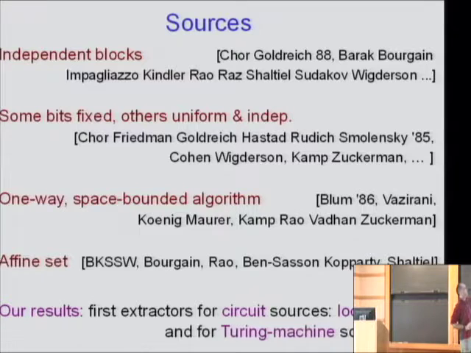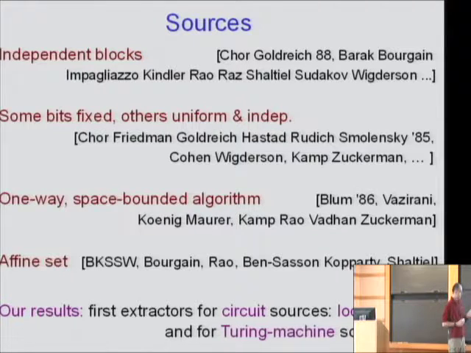Here, typically, the blocks are very large, and at the other extreme is when each block is just 1 bit. This is the case of sources in which some bits are fixed to constants, and some other bits are just uniform and independent. These are called bit fixing sources.